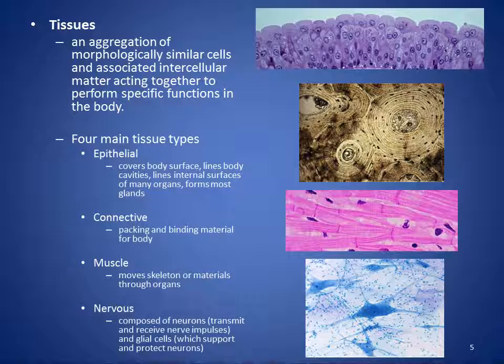Pictured on the right here is a type of epithelial tissue, transitional epithelium, then compact bone, a connective tissue. In the third image, this is cardiac muscle, and in the fourth image, the neuron.